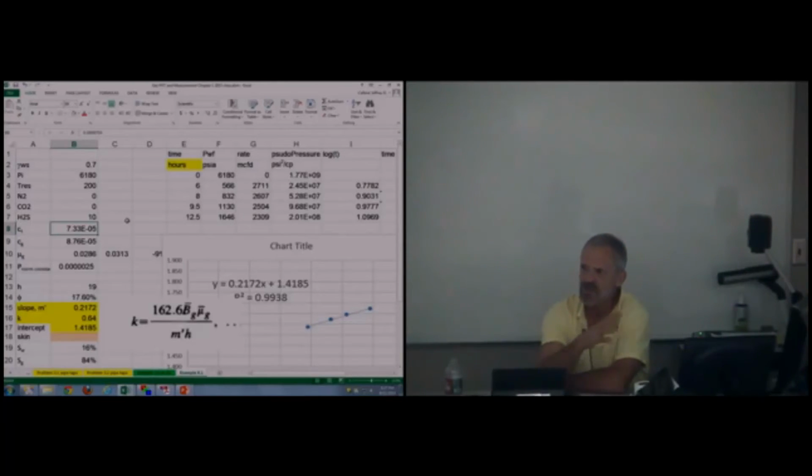When they're talking about pseudopressure, porosity, and height, those are all the things we looked at in Chapter 1. So it should make Chapter 6 reading much easier. If you have a question, go back in Chapter 1 and look at it, and that'll help you study for the test. All I'm trying to get out of Chapter 1 is that you have the concepts down to be able to do Chapter 6 and 9.